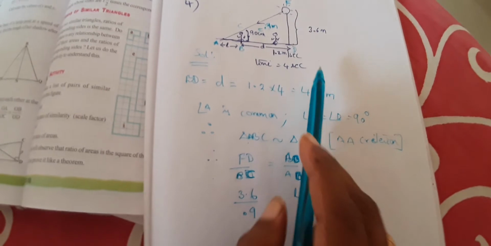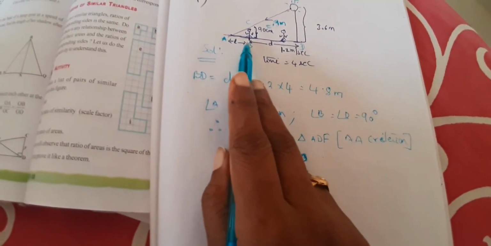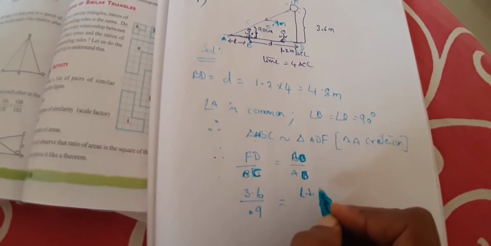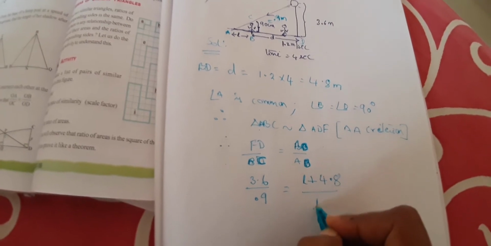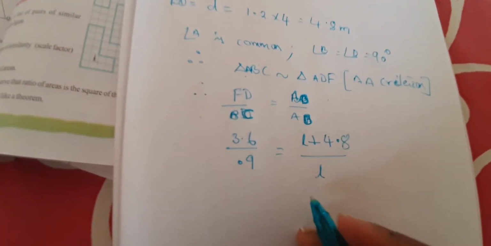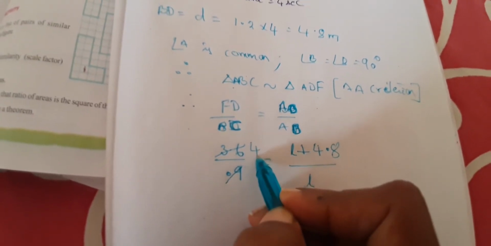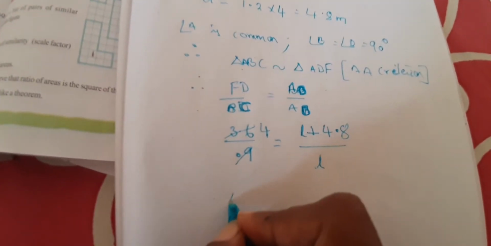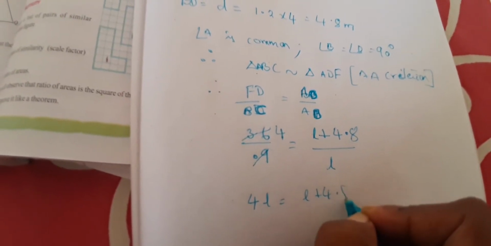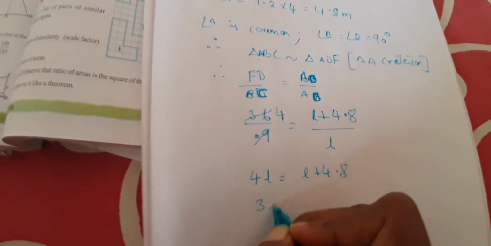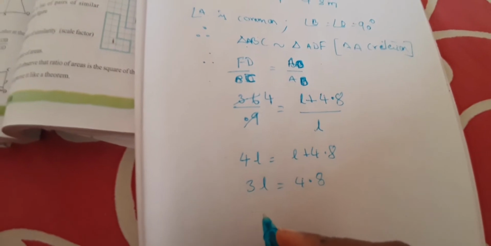AD of the larger triangle is L plus D. Is it not? This is L plus D. D is 4.8, divided by L. So 0.9 in 3.6, it goes 4 times. On cross multiplication, you have 4L is equal to L plus 4.8. Or the next step, 3L is equal to 4.8 after transposing L onto the LHS.